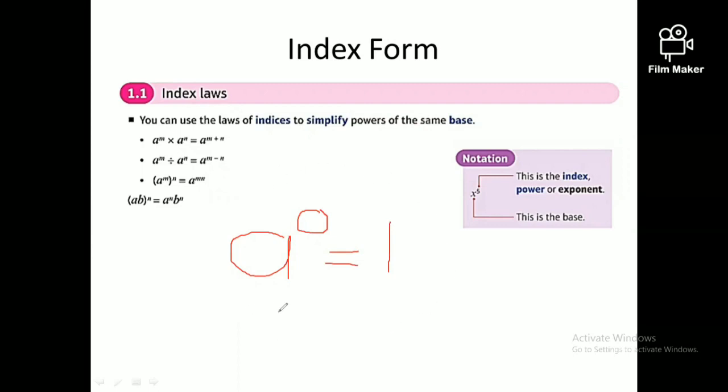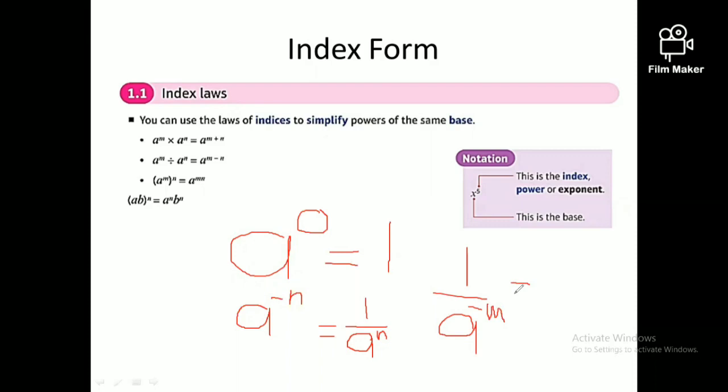Apart from that, you can have a term to the power negative n, a negative power. If you get a negative power, you can write this answer as 1 over a to the power n. You can bring it to the reciprocal and write it as a positive power. The other side is, if you get 1 over a to the power minus m, you can take the reciprocal of it.